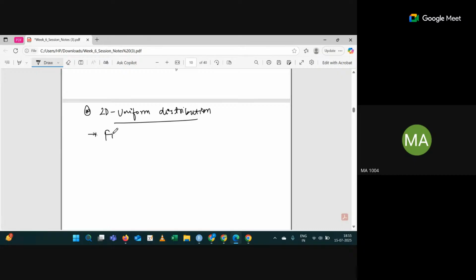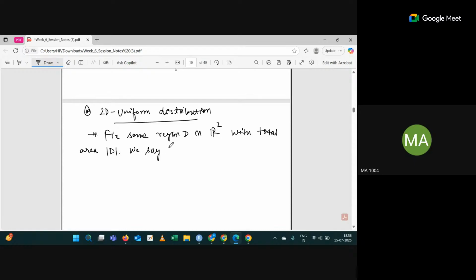Suppose I fix some region D in R squared, in 2D basically, with the total area. If you are not getting it, don't worry, the definition will become clear by solving some questions. The total area is the mod of D, which denotes the total area.